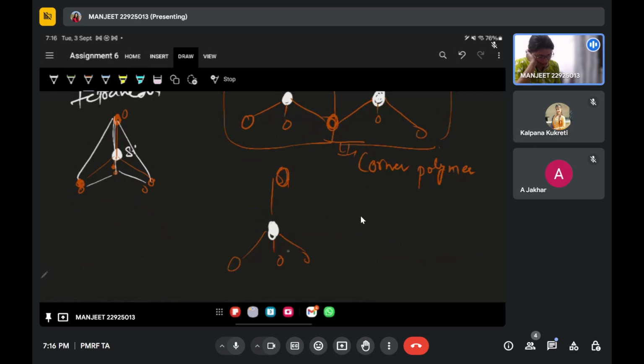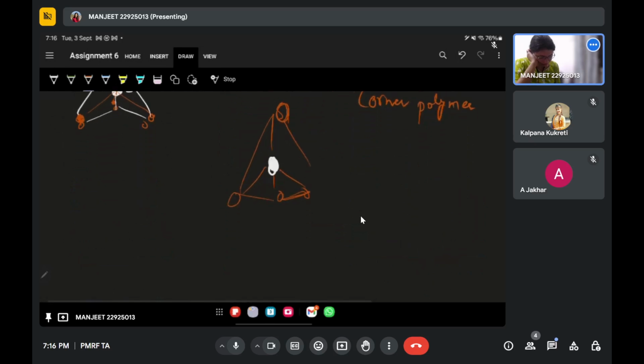Now this edge is connected to another tetrahedra.